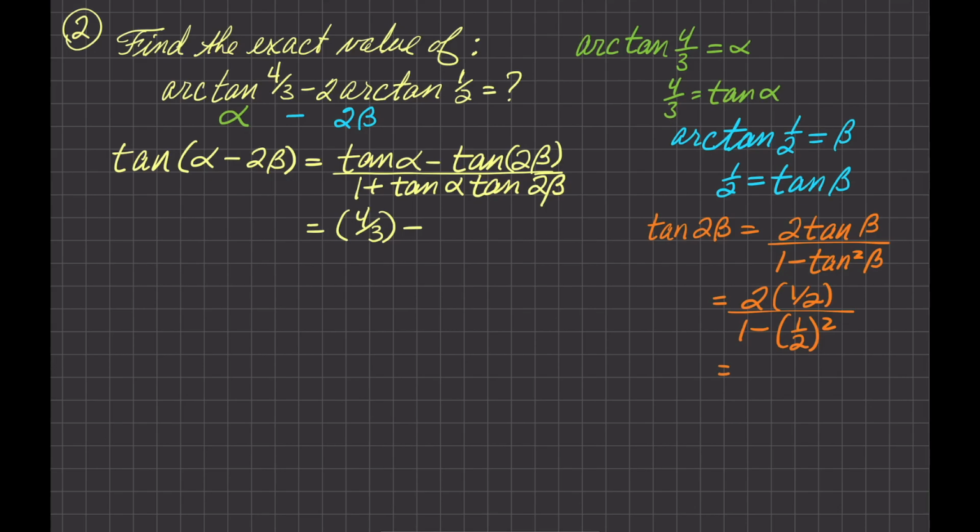So we have 2 times 1/2 is just 1 over 1 minus 1/4, which is 4 over 4 minus 1 over 4, which is 3 over 4. And that is going to give us an answer of 4/3.